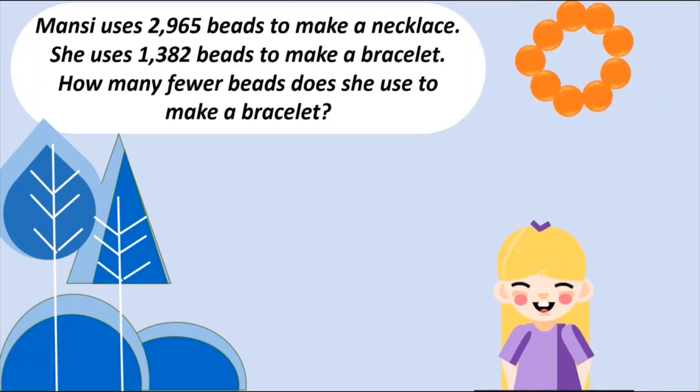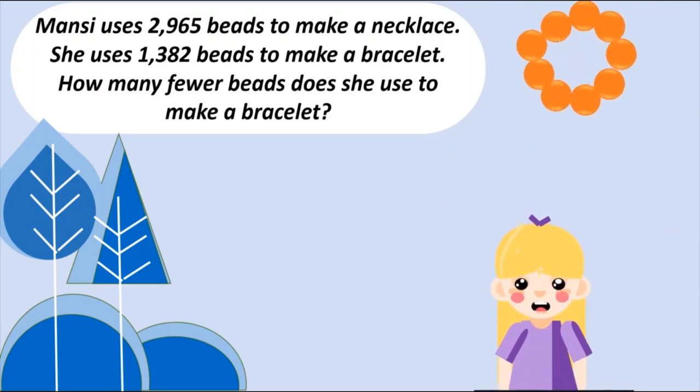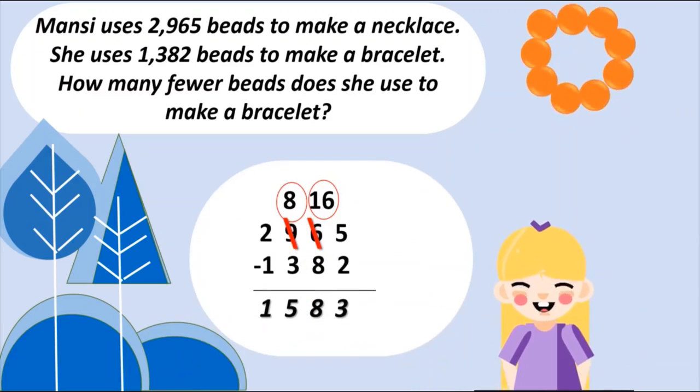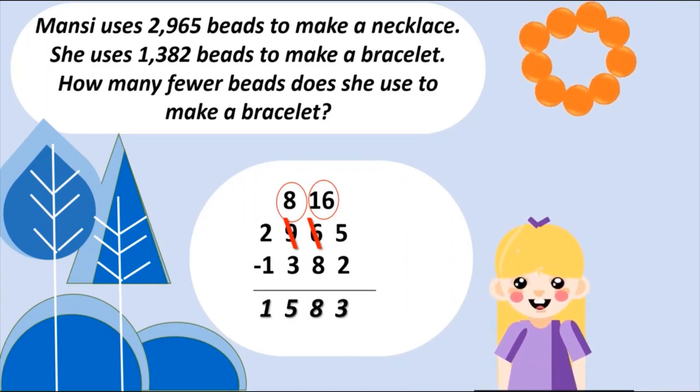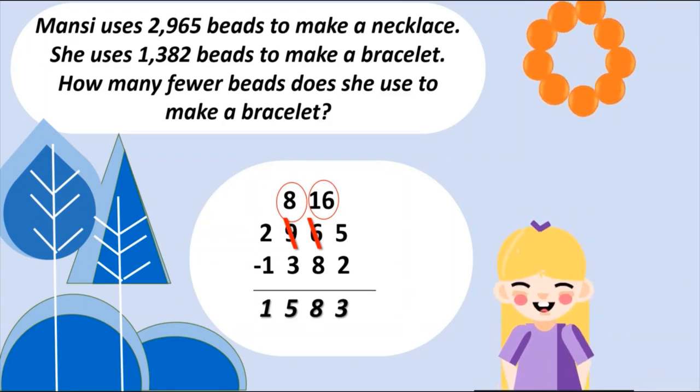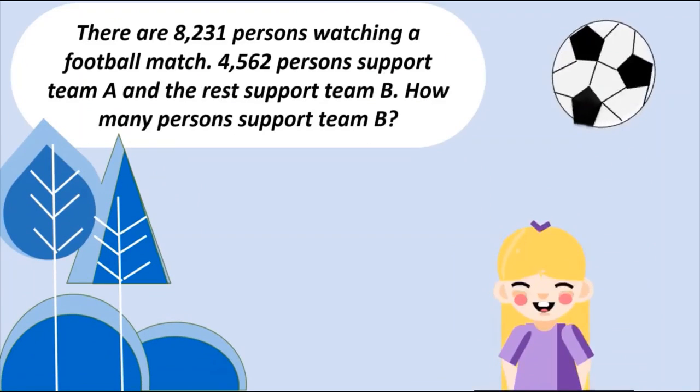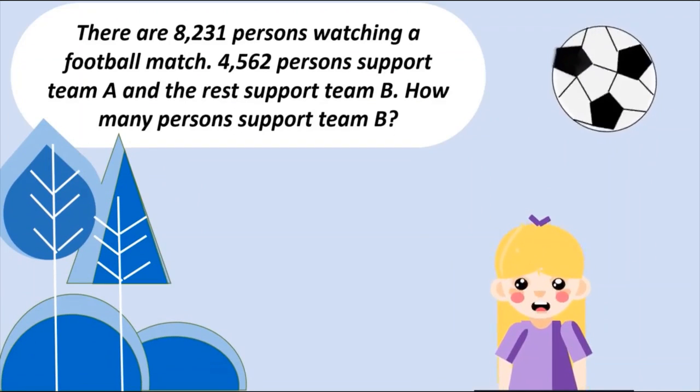So, we see that the number of beads needed to make a bracelet was less. So, let us find out number of lesser beads used to make the bracelet. For that, we subtract both and the answer that we get is 1,583. So, 1,583 less beads were used to make a bracelet.